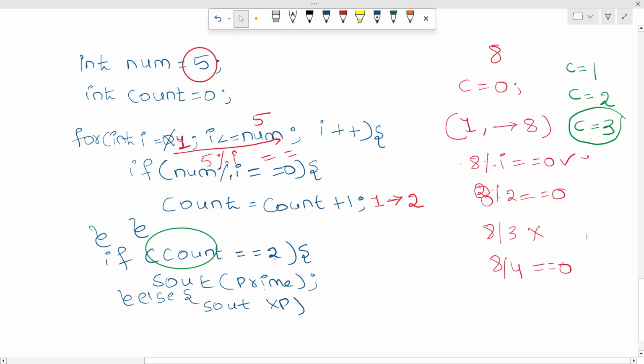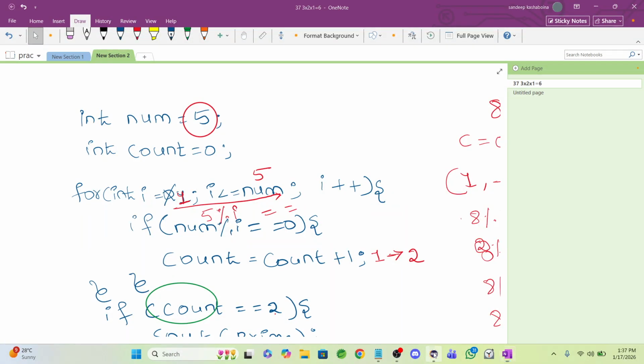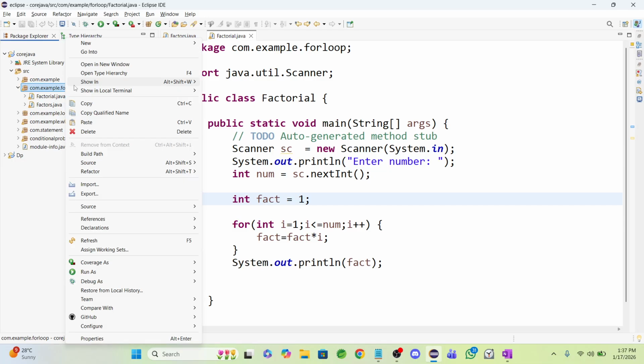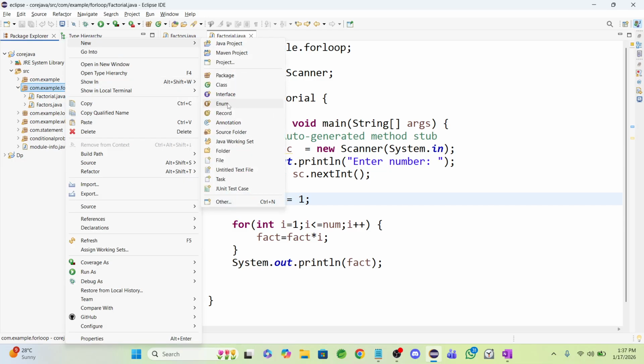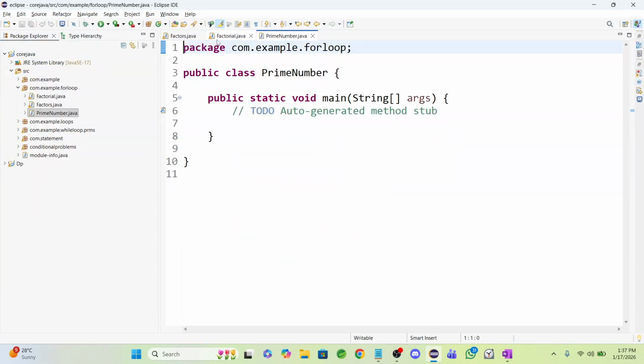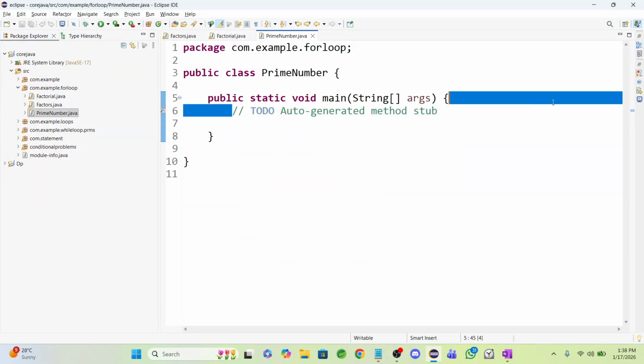And let's go for the Eclipse. Let's open Eclipse and go to the project you have created, and create a new class named PrimeNumber, and let's finish it. What is the first step?